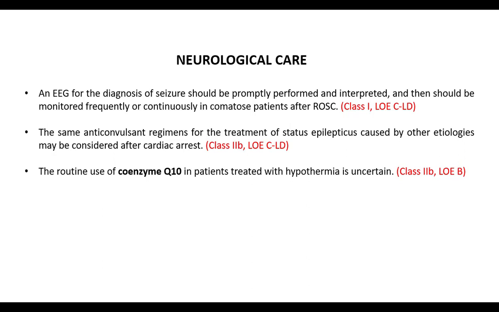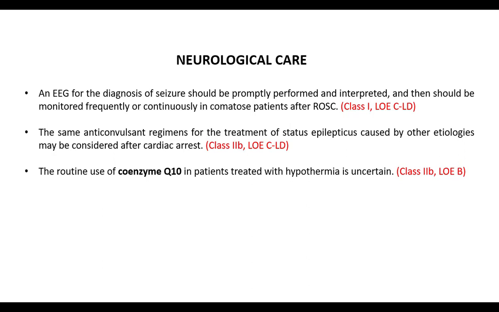And for anticonvulsant regimen, there is no difference. If the patient convulses, all those which are used routinely as anticonvulsive agents in the ICU should be used immediately to control the seizure. Further, once it has happened, it should not develop further because the recovery becomes more and more remote.